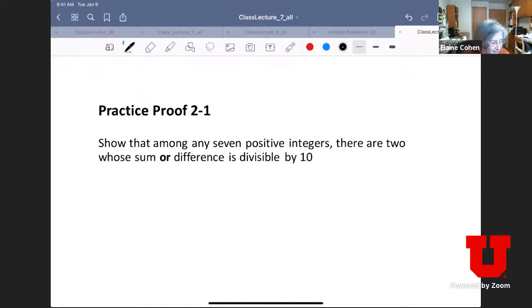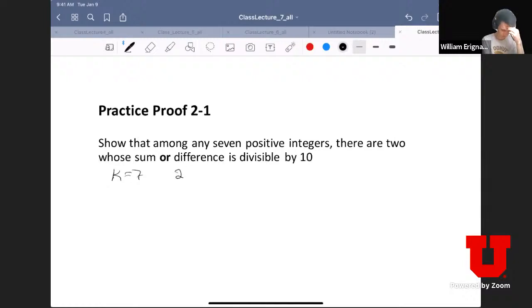So what's the key? Somebody give me a helpful hint. How many objects are there? There are 7 objects. So k equals 7. What do you want m plus 1 to be? 2.